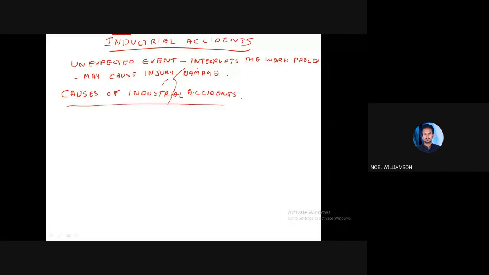Causes of industrial accidents. The main causes of industrial accidents can be classified into two categories: technical cause and human cause.